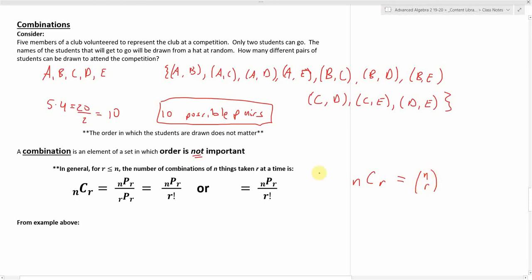These are 2 different ways of saying the same thing. We can read this as nCr, or you'll often hear it as n choose r. If you have n objects and you're going to choose any r of them in any order, that's n choose r, different than nPr.